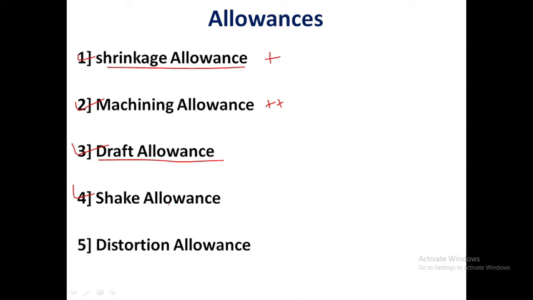As we know, when a pattern is rapped in the mold before it is withdrawn, the cavity in the mold is slightly increased. As we have seen, in the cope and drag or in the flask, we keep the pattern inside the box and after that we pour the sand inside this box.